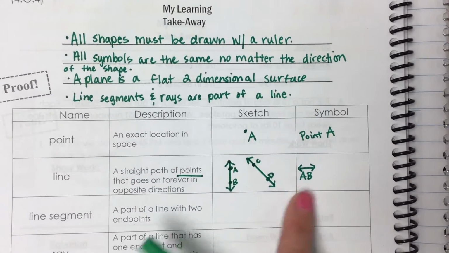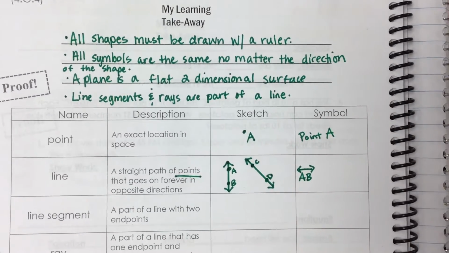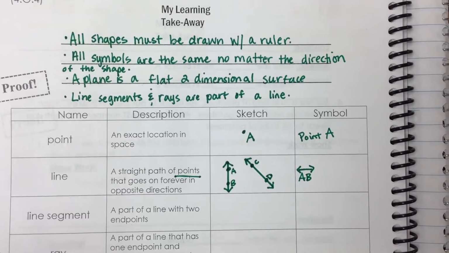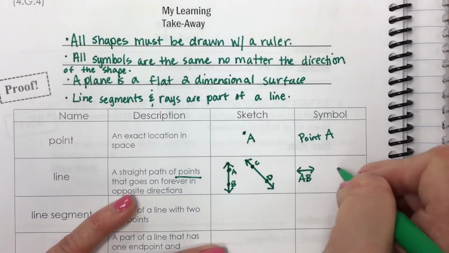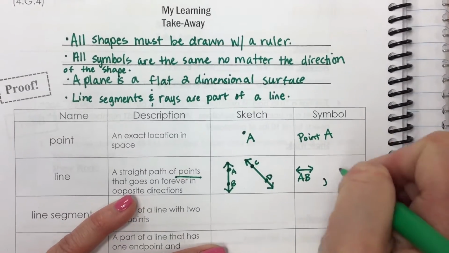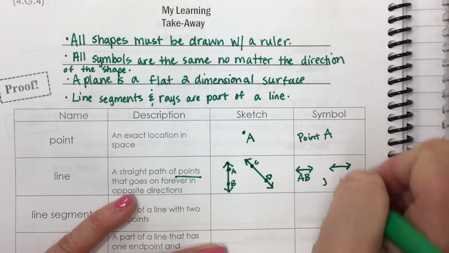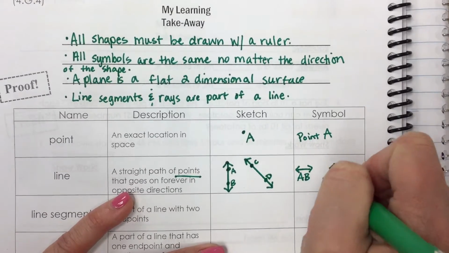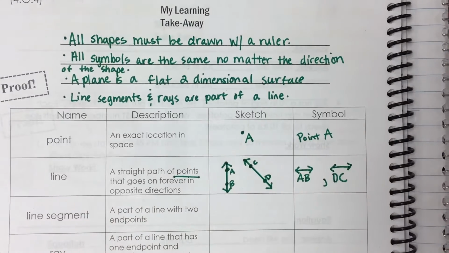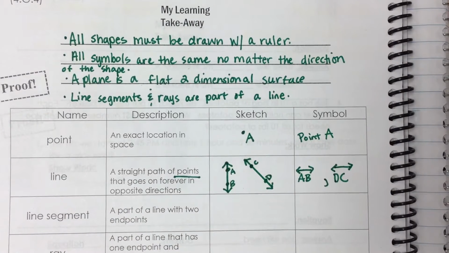We name them underneath, but we don't literally draw them, even on rays and segments. You can also say ray BA, ray DC here. It can be AB or BA. It can be CD or DC. It does not matter as long as you name the 2 points.